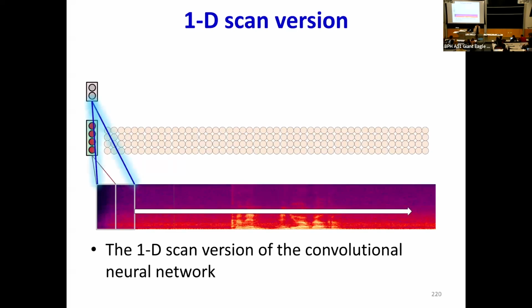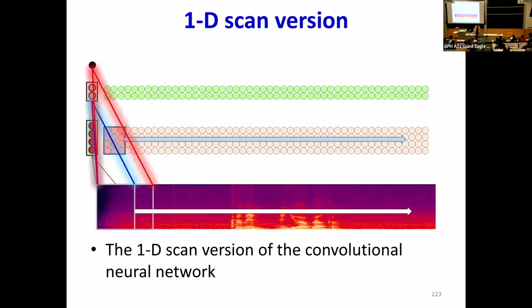The second layer neurons want to expand the region of the input they're looking at, so they would be looking at a window of the outputs computed by the first layer neurons. The third layer neurons want to look at an even wider region of the input, so they're looking at a window of the outputs computed by the second layer neurons.